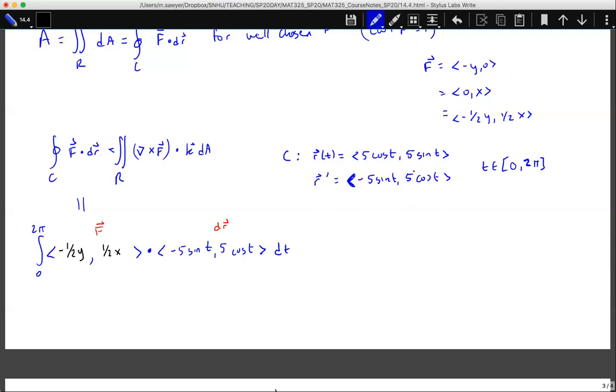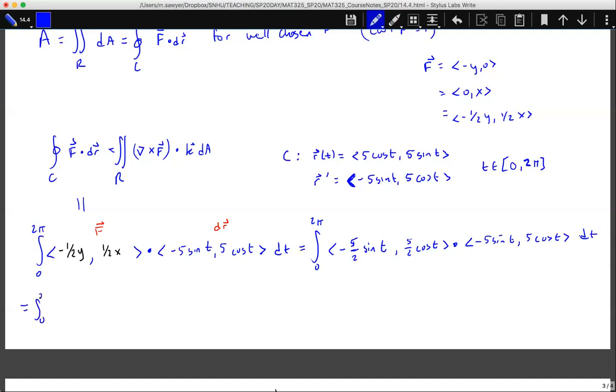My y is my sine, so I'm going to get a sine squared and a cosine squared. So I will get the integral from 0 to 2 pi of negative 5/2 sine of t, comma 5/2 cosine of t, dotted with negative 5 sine of t, comma 5 cosine of t, dt.